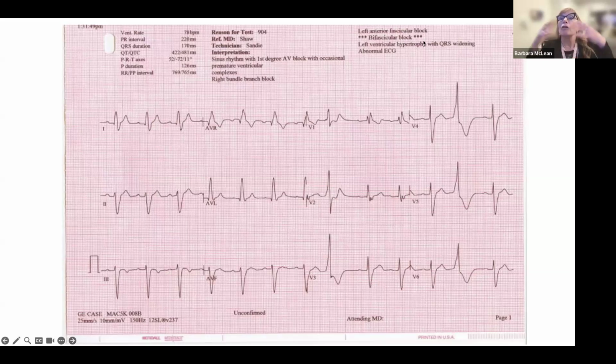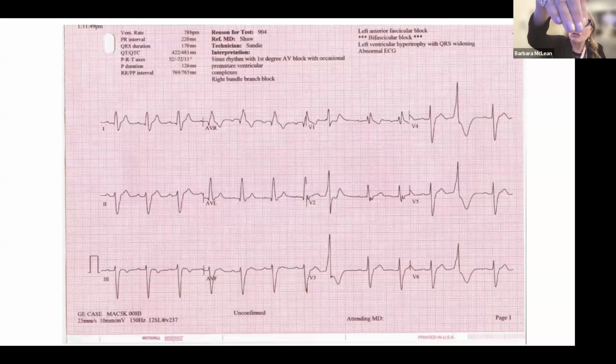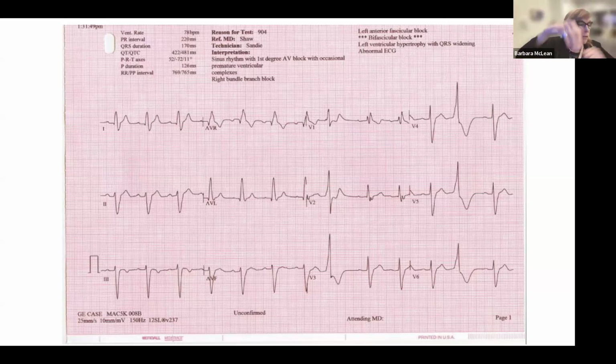That means that of the three electrical pathways that activate the heart, the first one being the right bundle, the second one being the common bundle of His. I said left main because it's kind of the same idea. The common bundle of His then separates into the anterior division, known as the anterior fascicle, that activates the front of the left ventricle, and then the posterior division that goes around the back part of the left ventricle.